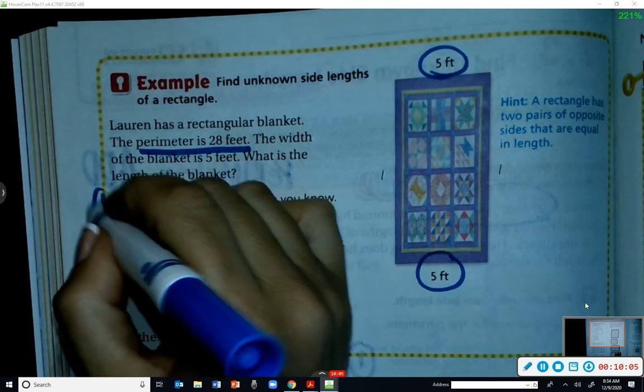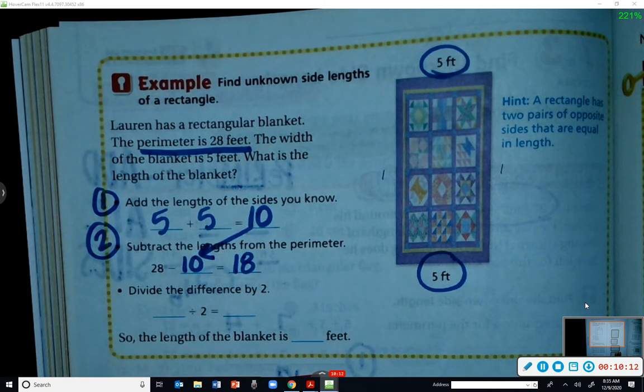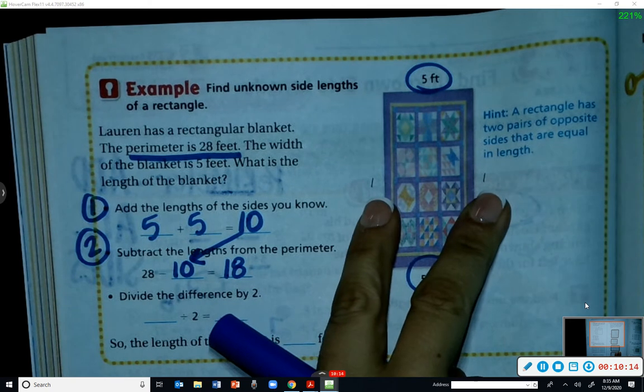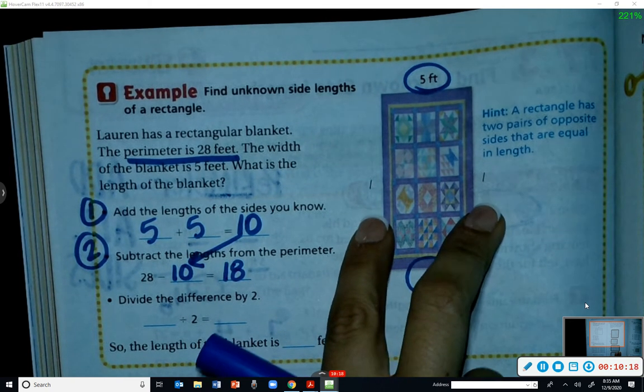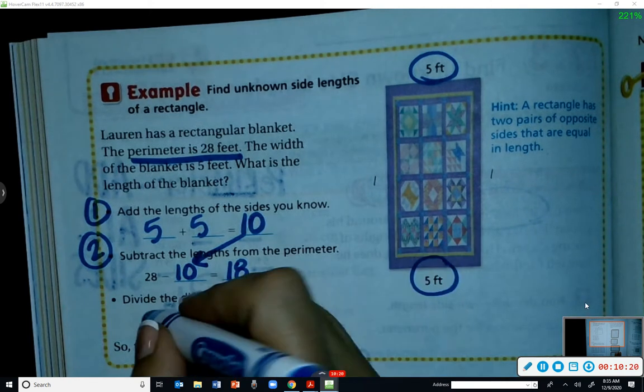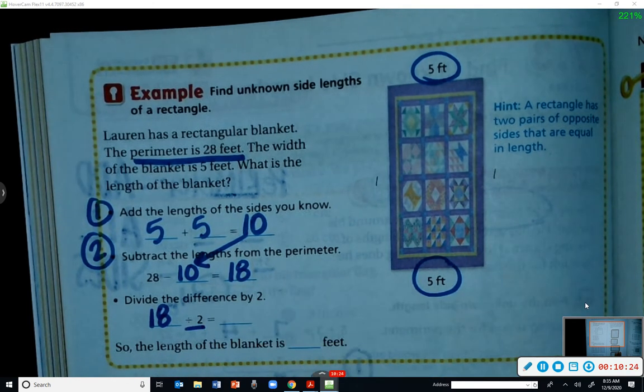So this is the same two steps that we did in the first problem. But now, since it's a rectangle, I can't just say both of these sides are 18. I have to split it in half. So all that means is I take 18 and divide it by 2.